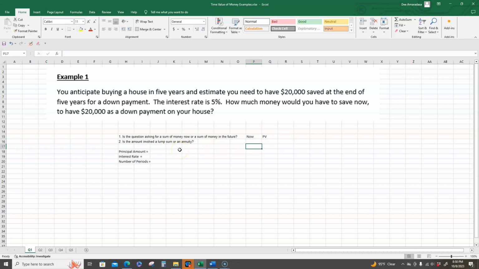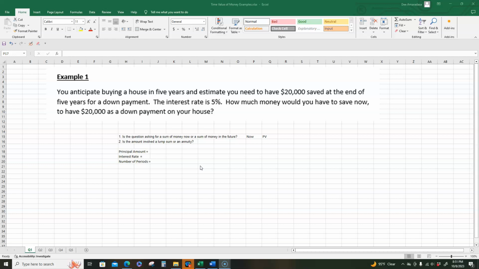The next question, is the amount involved a lump sum or an annuity? A lump sum is a single sum, and an annuity is a series of equal amounts of money. So in this question, are we going to put in one lump sum of money at a point in time, or are we going to put in a series of equal payments so that we have $20,000 at the end of 5 years?